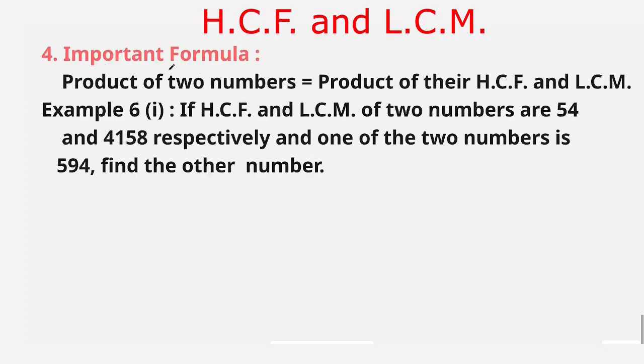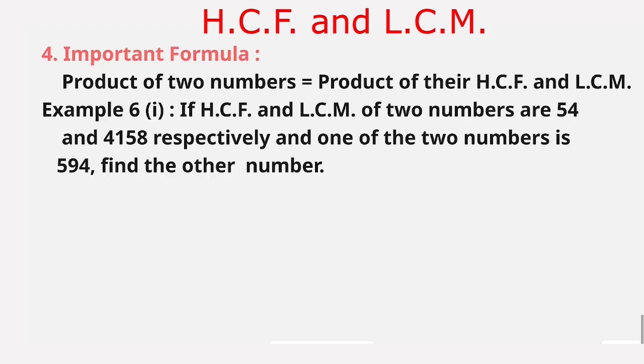Point 4. Important formula. The product of two numbers is equal to the product of their HCF and LCM. And we will learn it by one example. Example 6 part 1. If the HCF and LCM of two numbers are 54 and 4158 respectively, and one of the two numbers is 594, find the other number.